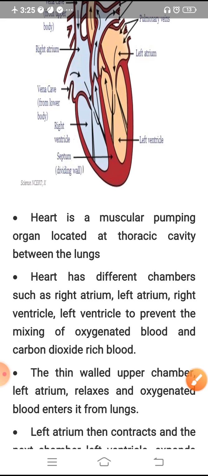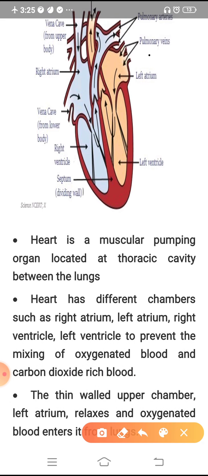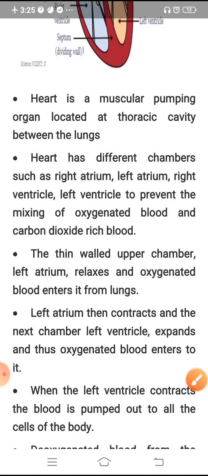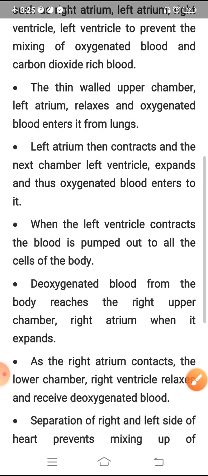Now the upper chamber, the left atrium, relaxes when the oxygenated blood enters it from the lungs. Now the left atrium contracts, and the blood from the left atrium moves to the left ventricle, and from the left ventricle it goes through the aorta.